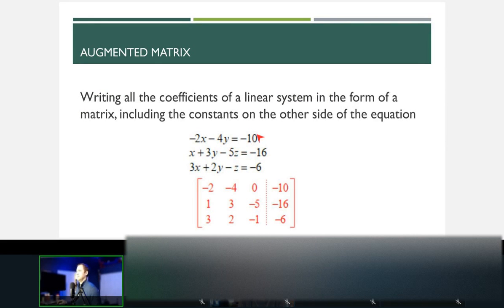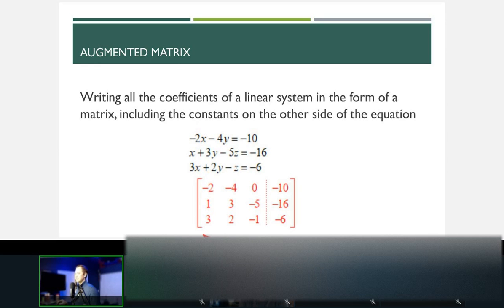Okay, so some background info. So writing an augmented matrix. All right, so we're given the systems of equation here, right? We got 3 equations, right? 3 unknowns, x, y, and z. And we want to write this in matrix form. So pretty easily done. Every variable has its own column.